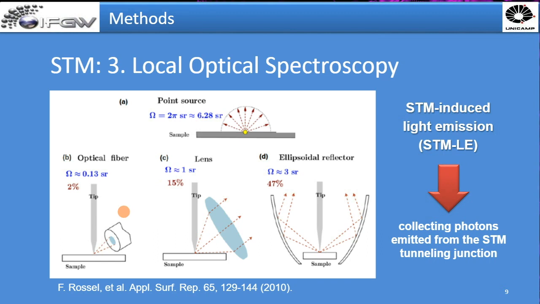but optical fibers are good, but their numerical aperture is in general very small. Or by adding some lenses, but then again, if you are obliged to put the lens on the side, you're very limited in the amount of light you can collect.